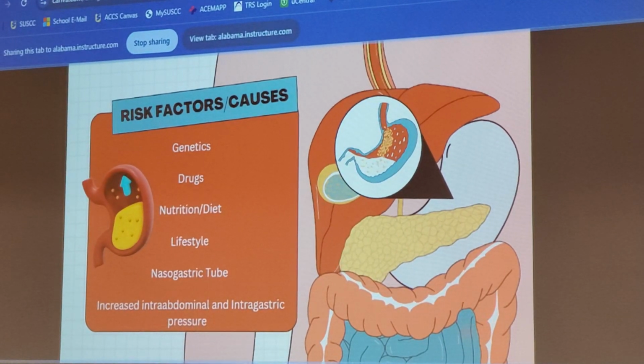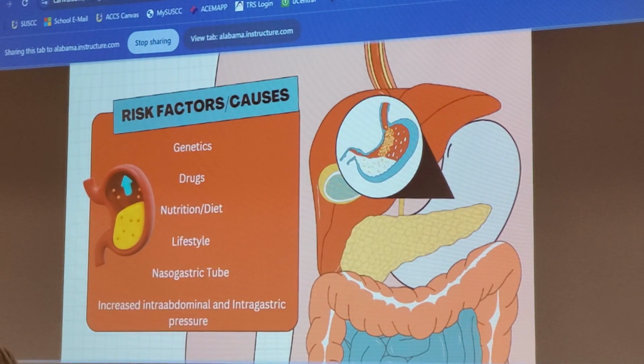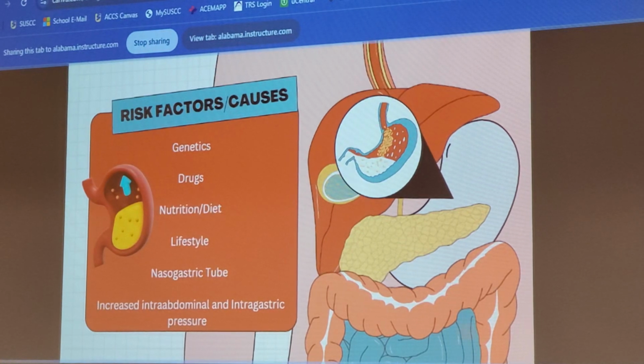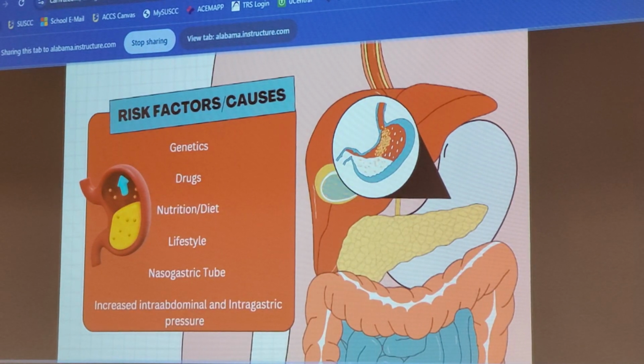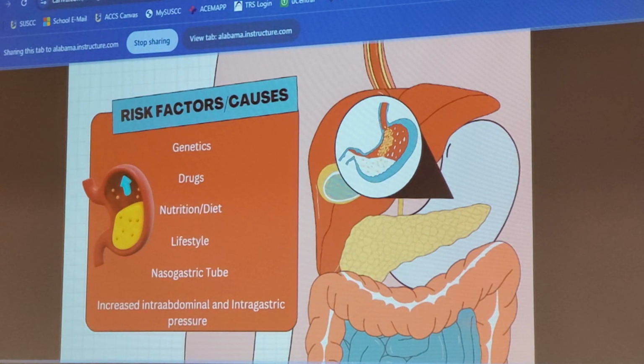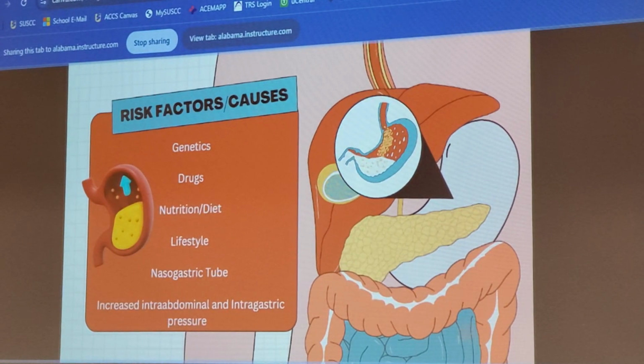With nutrition and diet, there are certain foods that can aggravate that sphincter, things like caffeine, alcohol, and chocolate. We also have acidic foods in general that can cause a decrease in the pH, a more acidic pH of our stomach, so things like orange juice, tomato sauce, sausages, things like that.